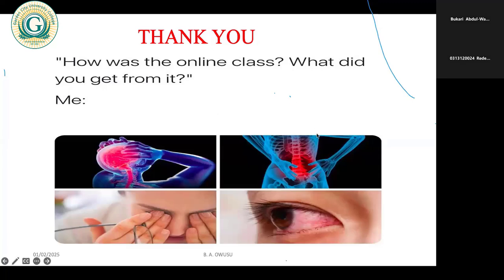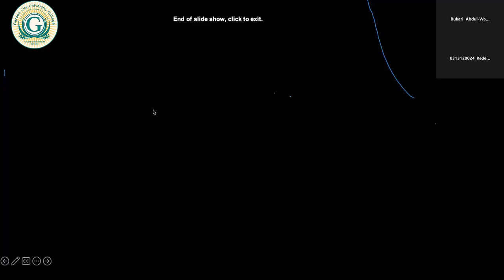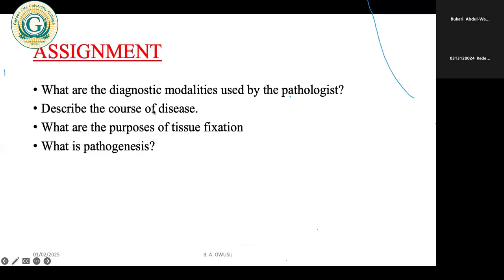Okay, sir. I needed some clarification on the assignment. You did mention describe the cause of disease. And then the cause there is spelled COURSE. I don't know whether it's a spelling mistake or what you want. Were you following the lecture?